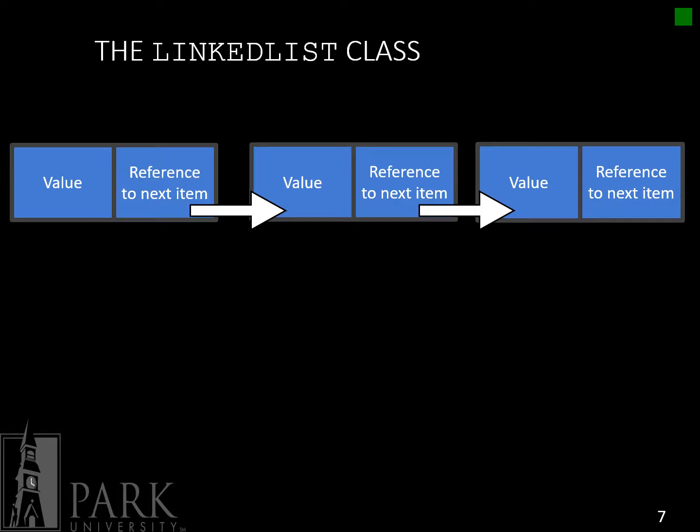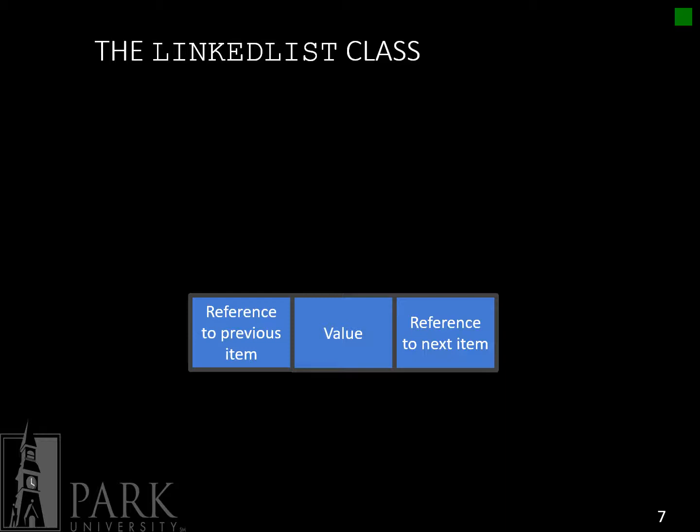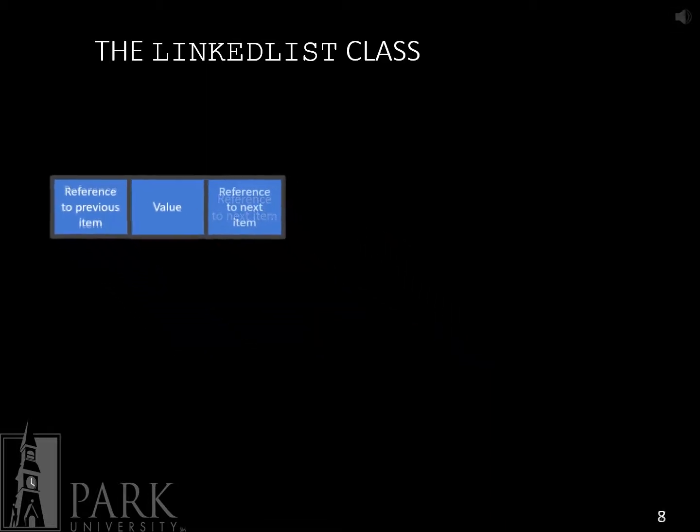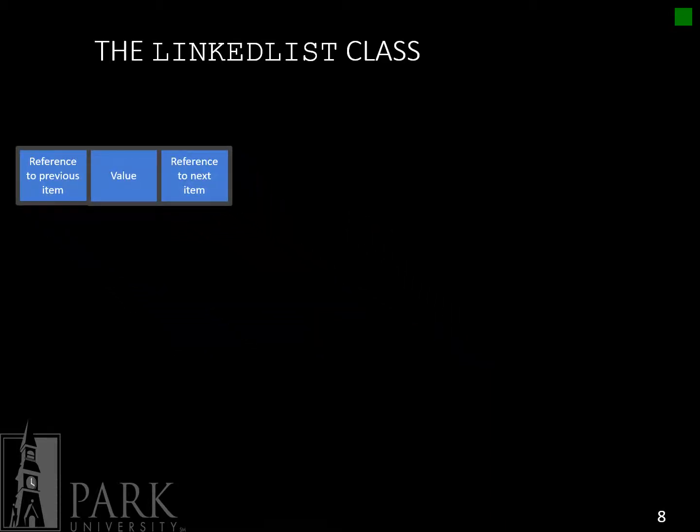So far, we've only looked at a singly linked list, but we also have a variation on that called the doubly linked list. The difference is that we also contain a reference to the previous node in the list. So if we add a few more nodes, we'll get our doubly linked list.